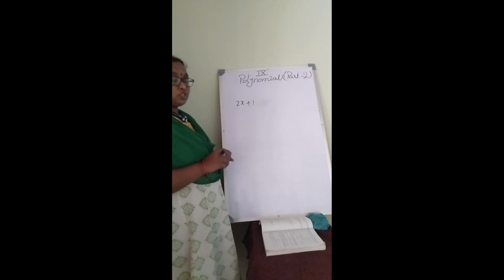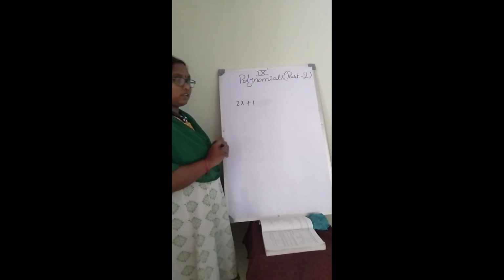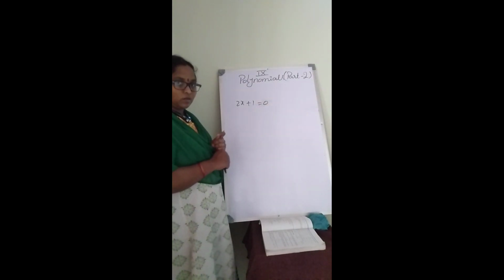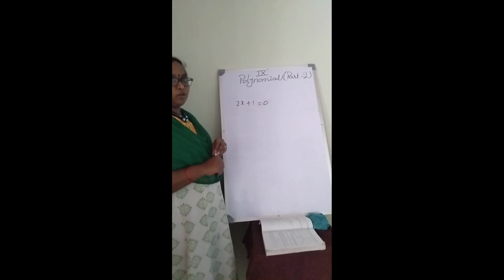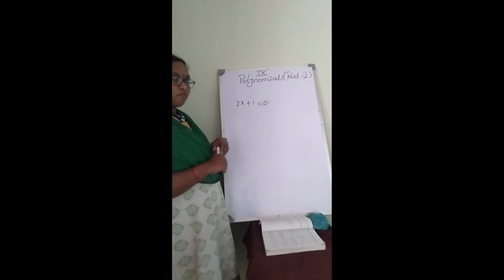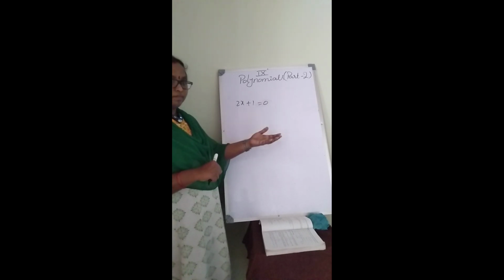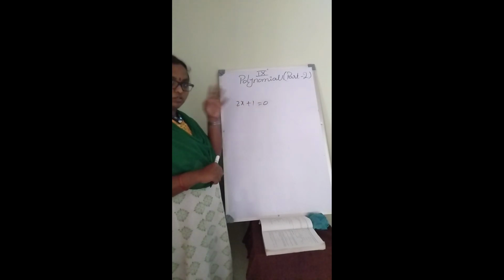When they mention the zero of the polynomial, I have to find the value of x for which, if I substitute, it should be equal to the right hand side. When there is no equal symbol, the value should be equal to 0.